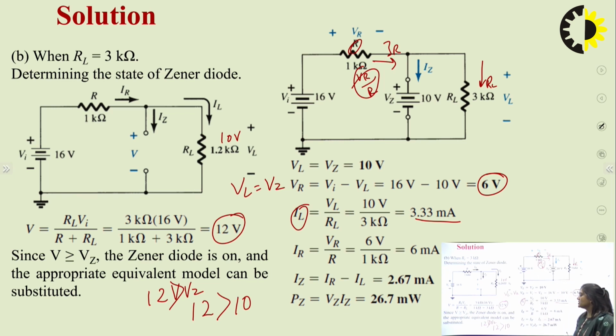IZ is the current flowing through this part. So IZ would be equal to IR minus IL, that is equal to 2.67 milliampere. So PZ would be equal to VZ multiplied by IZ, that is 26.7 milliwatt.